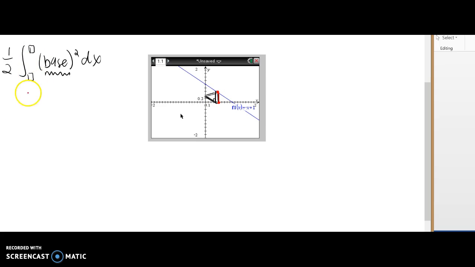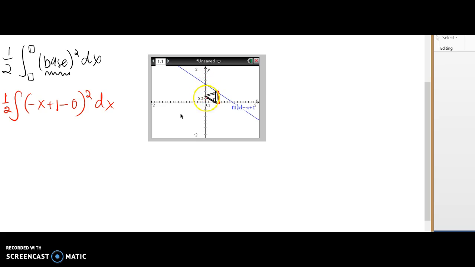So in this particular case, I've got my integral, I've got my half out front. The base here is the line, negative x plus 1, minus the x-axis, 0, squared. The bounds are a little bit tricky, I guess, if you are not familiar with linear functions.